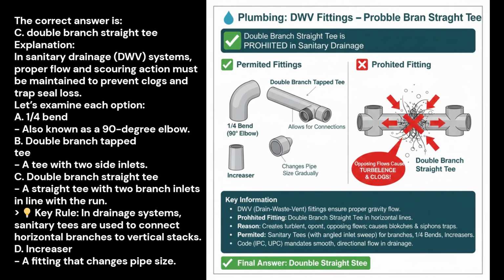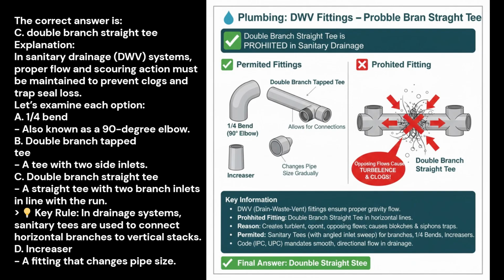Acceptable when used appropriately, e.g., at base of stack or where vertical to horizontal change is needed. Permitted in sanitary systems. B. Double branch tapped T. A T with two side inlets, often used for venting or dual drain connections. Allowed when properly oriented, especially in vented configurations. Permitted under code when used correctly.